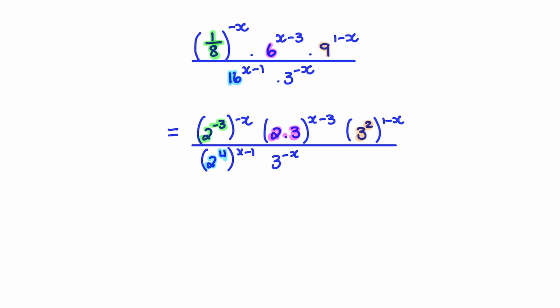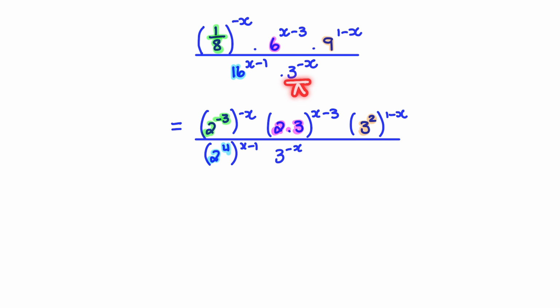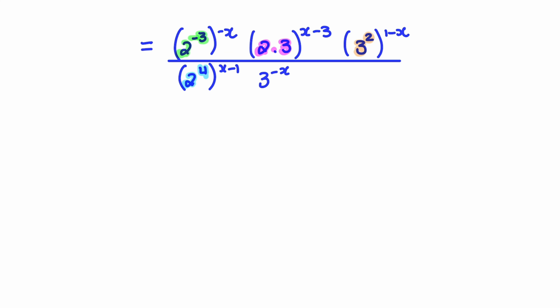And next we have 16. 16 can be written as 2 to the power of 4. And then our last 3 to the power of negative x, that base is already a prime number, so we don't make any changes there. Now I have all of the original numbers as a product of its prime numbers.